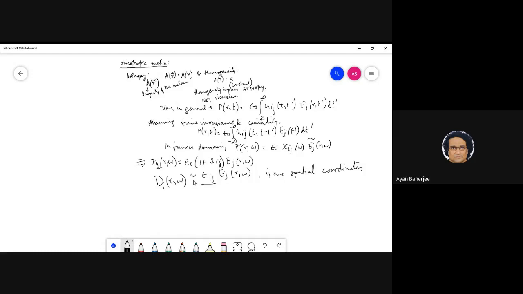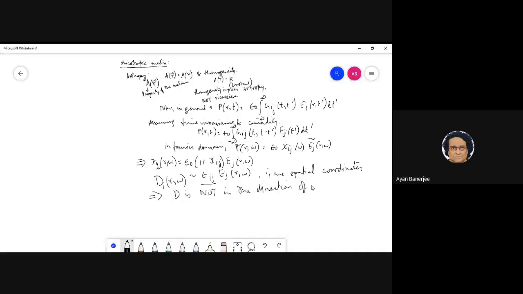Okay, so some of these things I'm preempting, but basically, in an anisotropic medium, D is not in the direction of E. That is quite plain because you can see that this is a matrix.